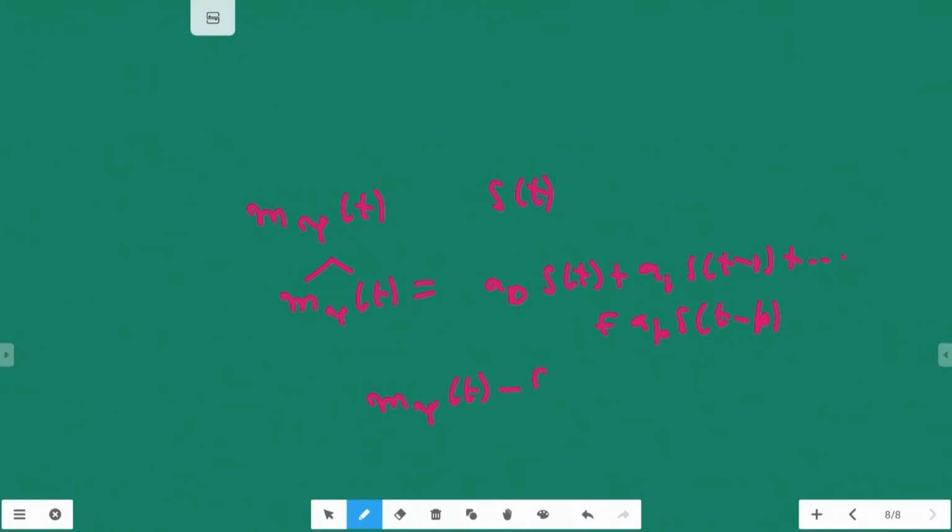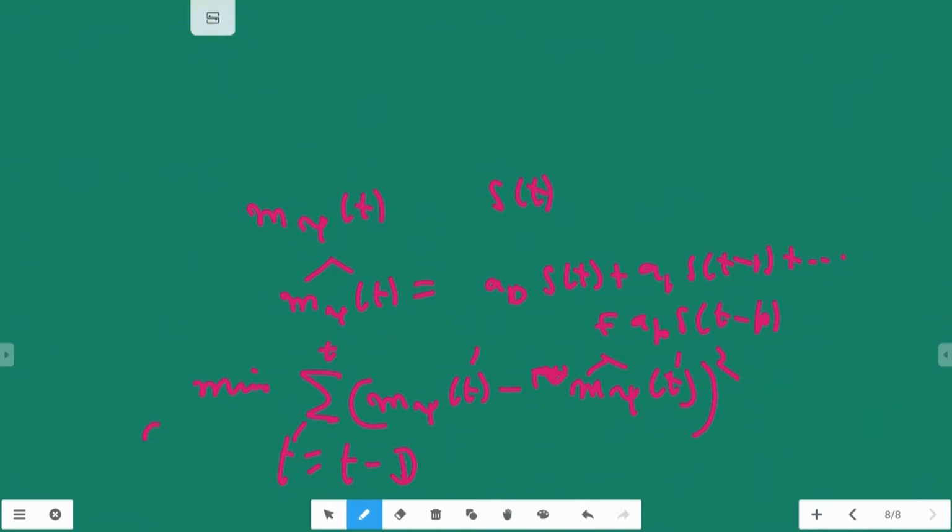m psi of t minus m psi t hat, squared, summed over t dash equals t minus d up to t, is minimized. This is the prediction error energy, and you minimize it with respect to a0, a1 to ap by differentiating and using the standard methods in signal processing of constructing a linear predictor.